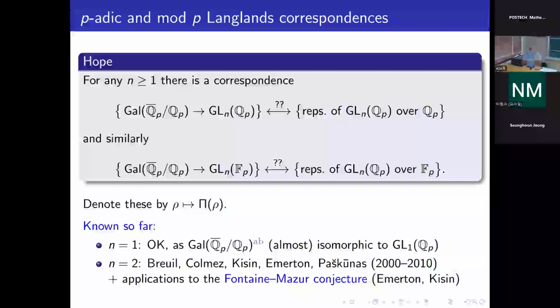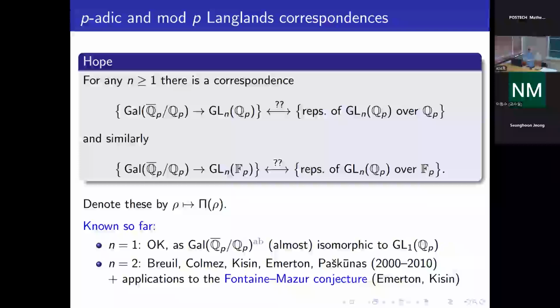And it also allowed them to prove at least special cases, many special cases of a big conjecture called the Fontaine-Mazur conjecture, which is a big generalization in a way of the Shimura-Taniyama conjecture. It's talking about modularity of Galois representations. So this is for two-dimensional representations.